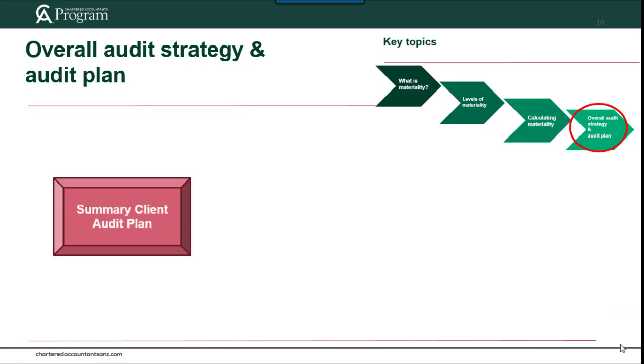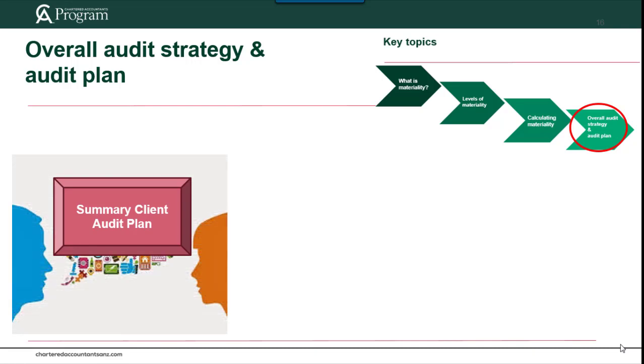In practice, a summary client audit plan is typically presented to the client to outline the audit strategy decisions as well as the required communications with those charged with governance.